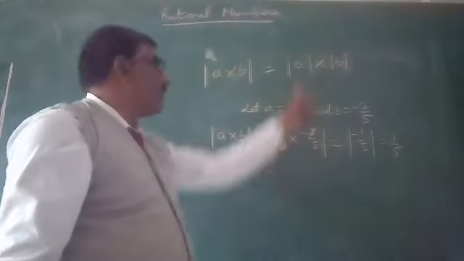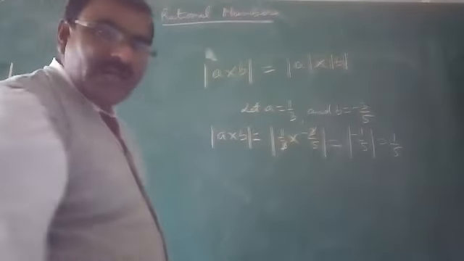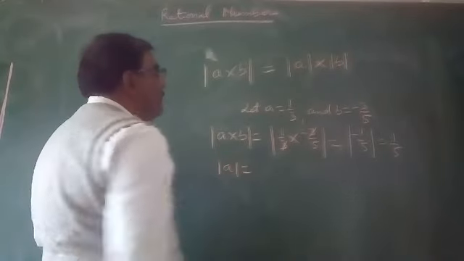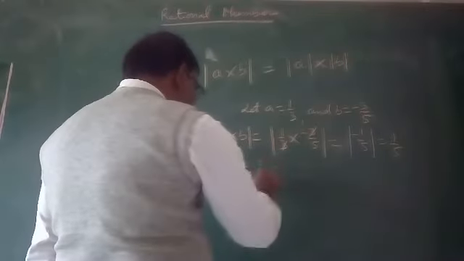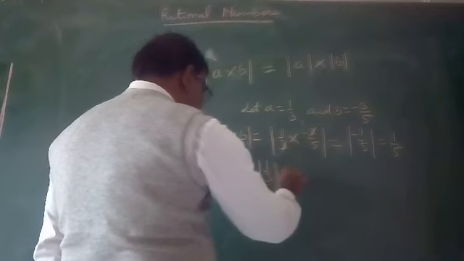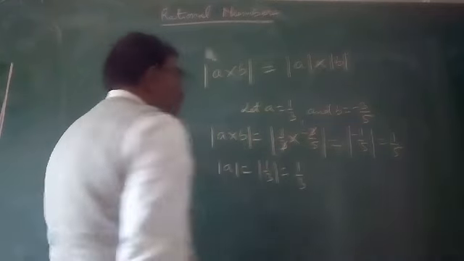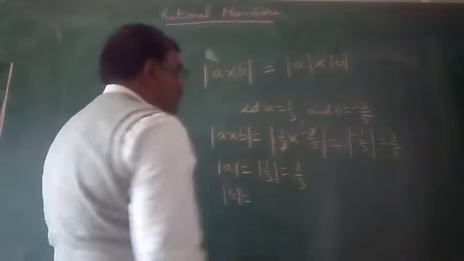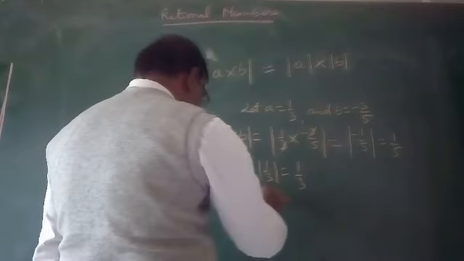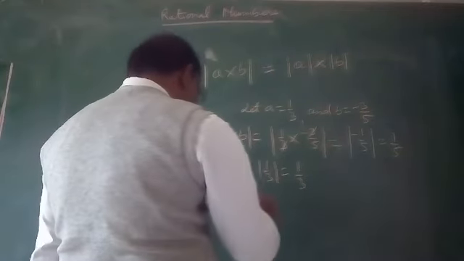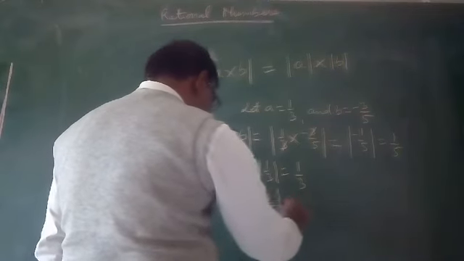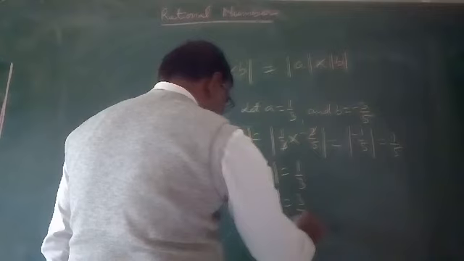Now I will take the absolute value of A. The absolute value of A equals the absolute value of 1 by 3 equals 1 by 3, and the absolute value of B equals the absolute value of -3 by 5 equals 3 by 5.